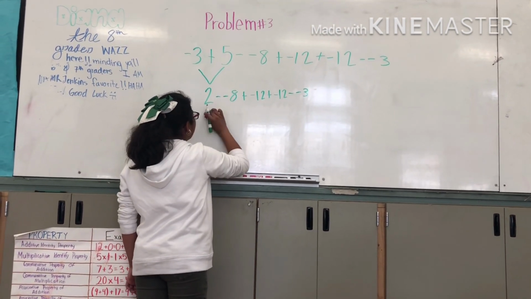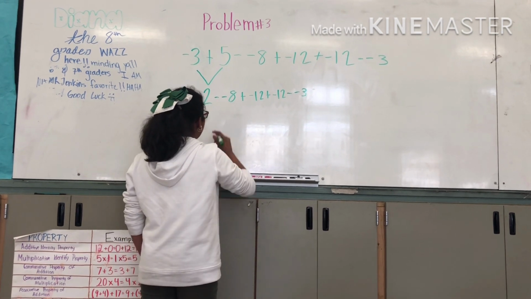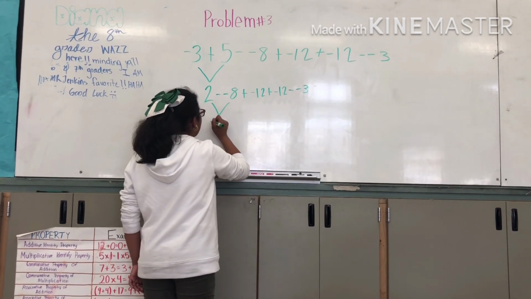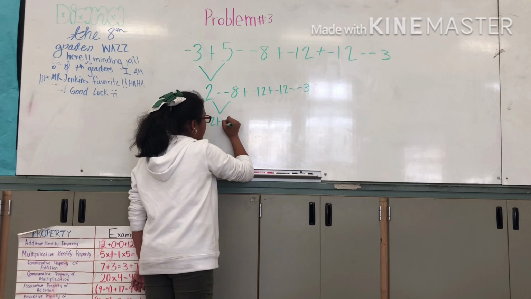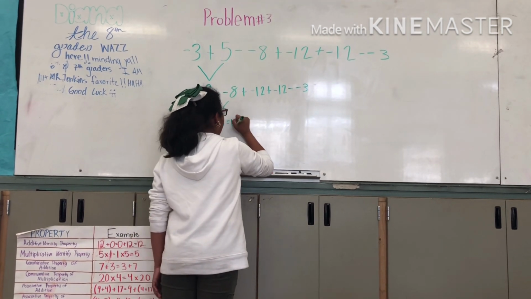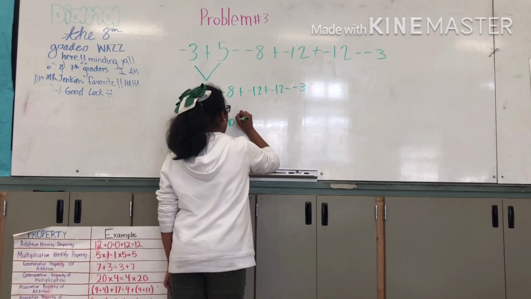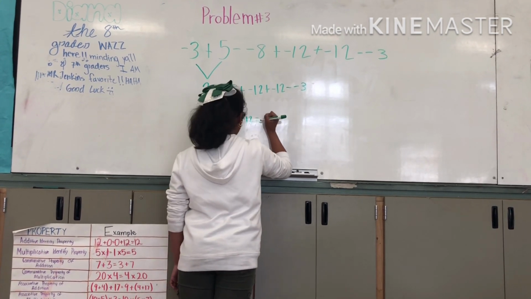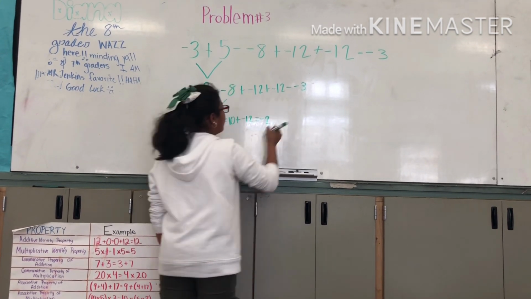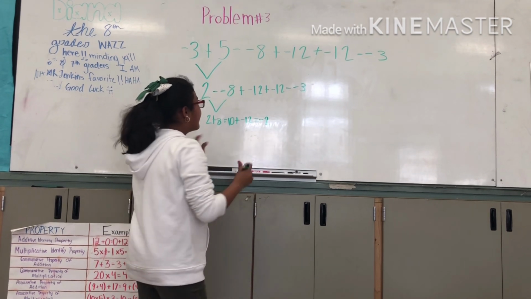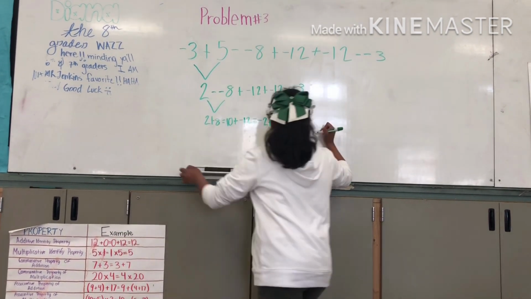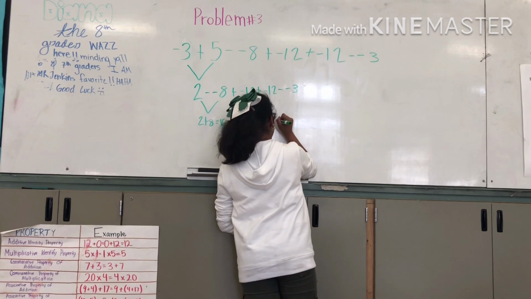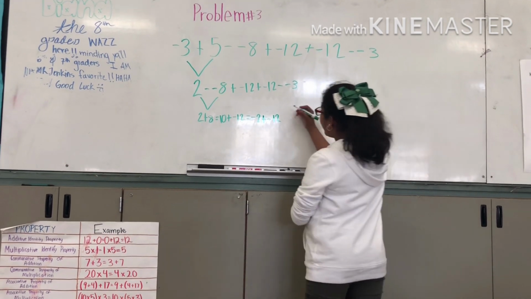To rewrite 2 minus negative 8, it would give you 2 plus 8. 2 plus 8 equals 10 plus negative 12 would give you negative 2. Negative 2 plus negative 12 would equal negative 14.